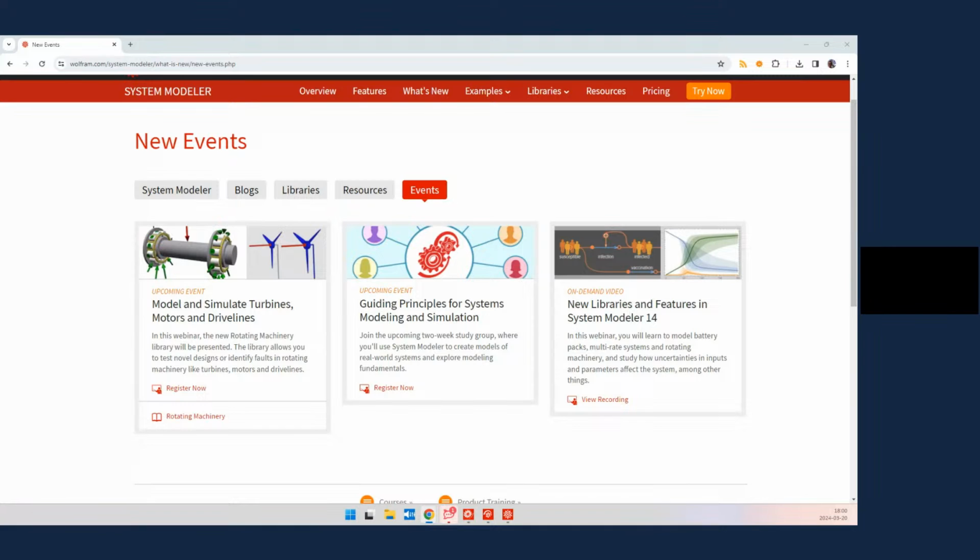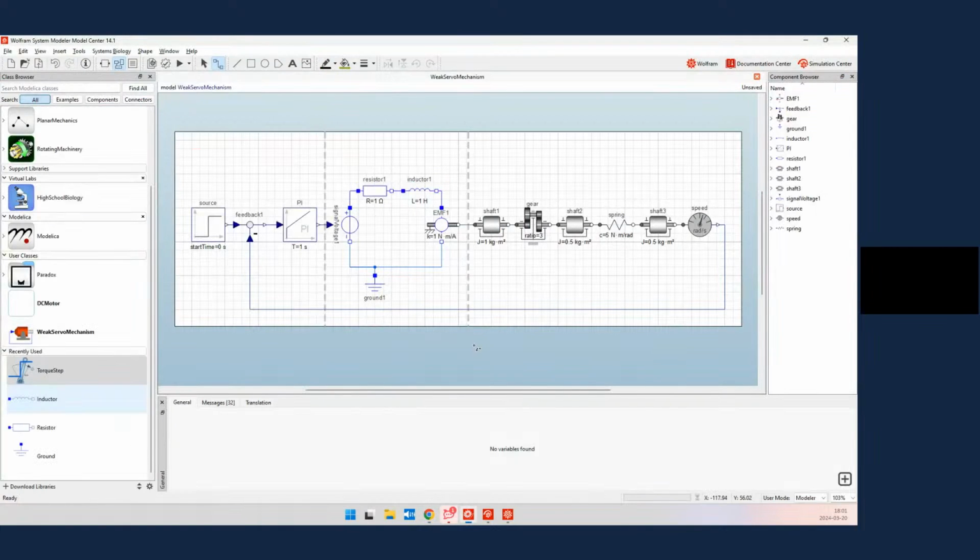But before I hand over to him, I thought I'd give a brief introduction to System Modeler, as some of you might be new to the tool. System Modeler is a drag and drop environment where you can create models of all sorts of dynamic systems.